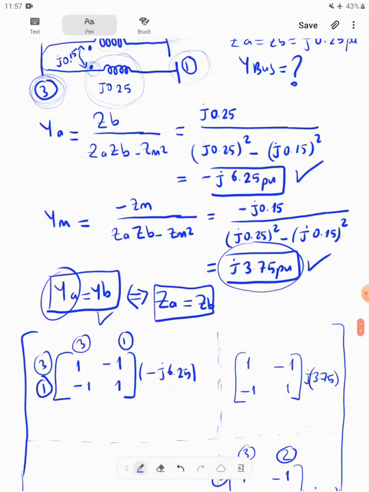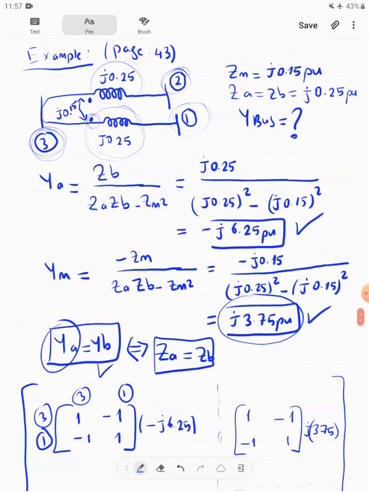You see the mutual effect is between these two transmission lines, and we have two dots located like this. You see the first dot is near bus 3, and the second dot is also near bus 3. So we have to write 3 2 and 3 1. 3 2 3 1.